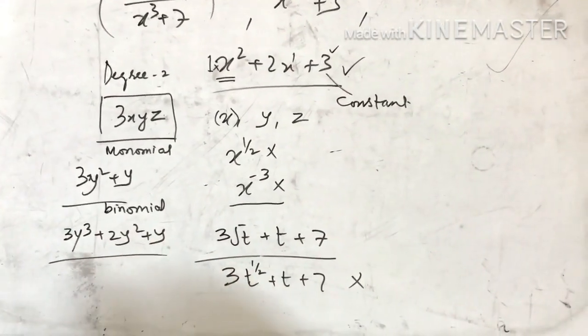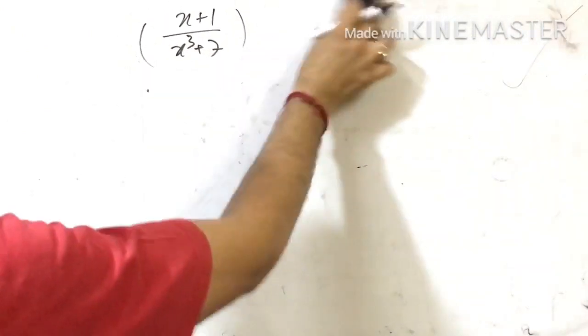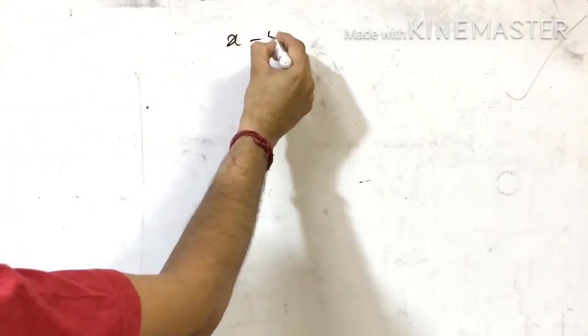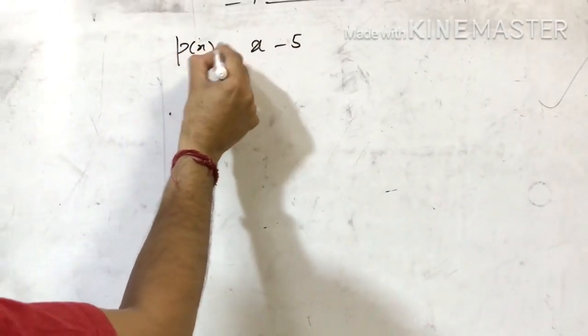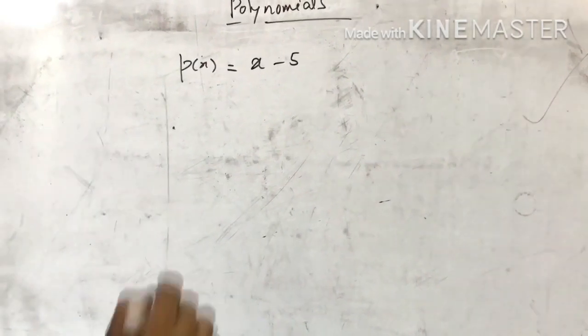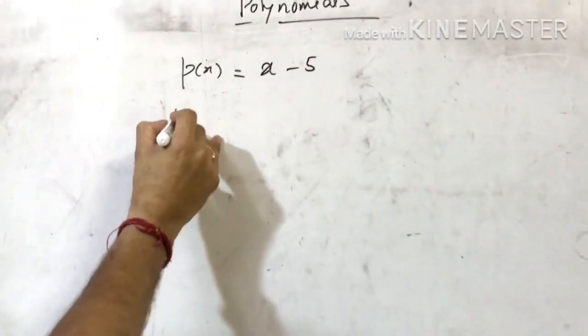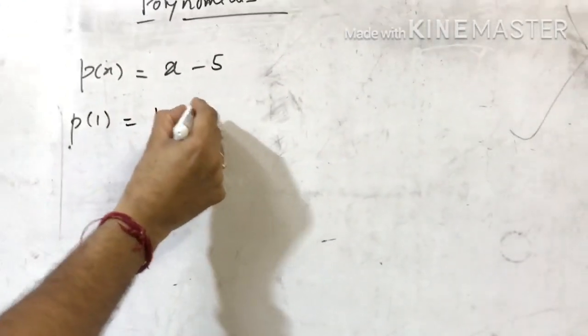What is called the zero of a polynomial? Suppose you have this polynomial. What is the zero of the polynomial? Whatever value we put here, generally we put p(1), then we get -4.